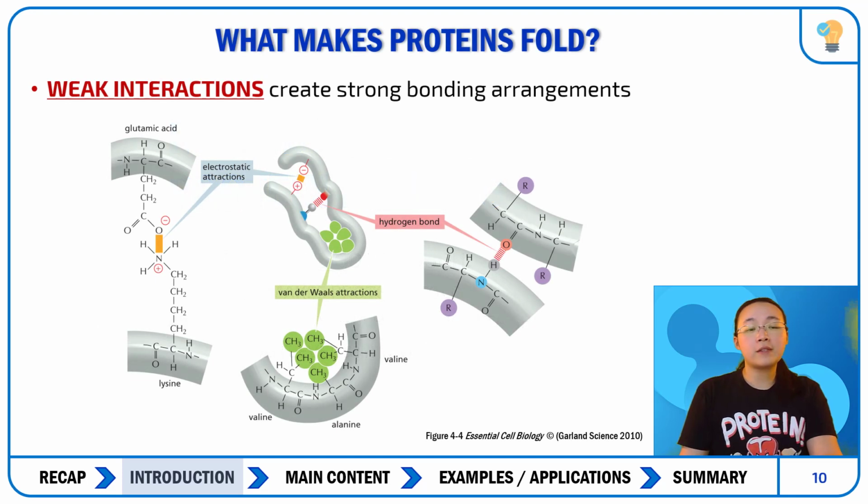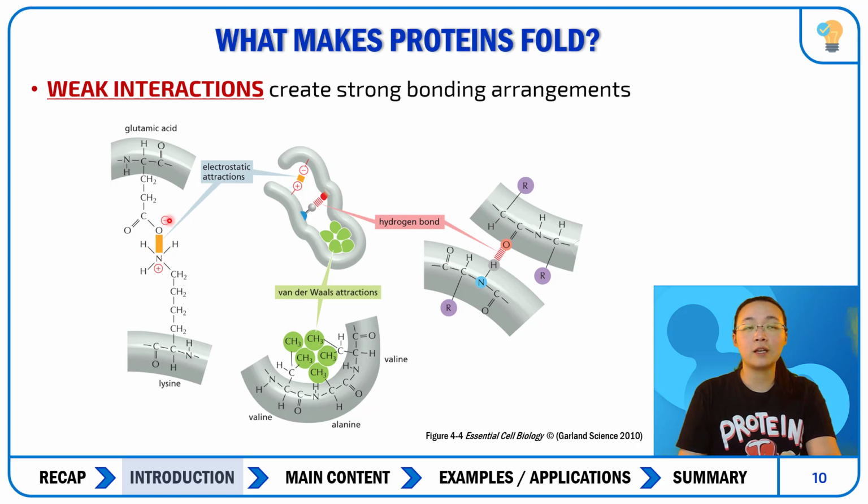So to start off the discussion, we should talk about why proteins fold. Primarily they fold because of weak interactions. But what kind of weak interactions? Looking here in this image, we have a central protein and three zoomed in areas. So here you have electrostatic interactions or attractions from ionized side chains.